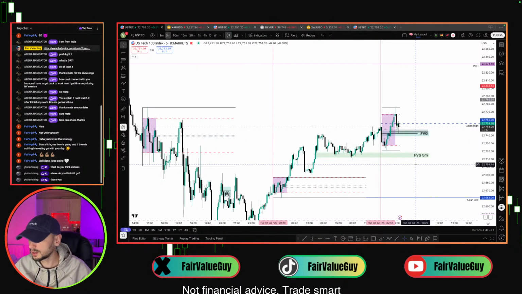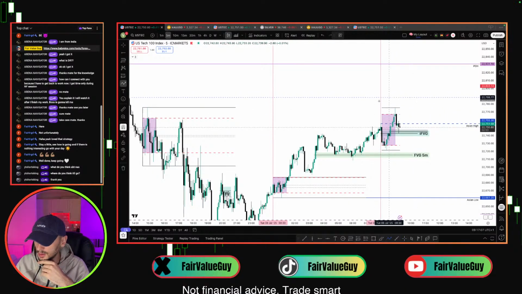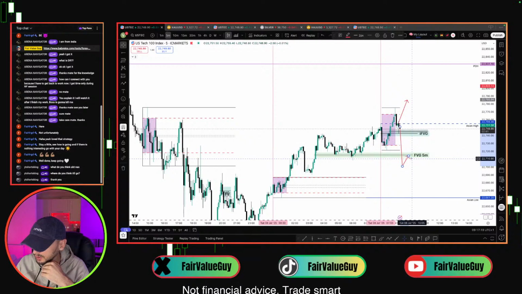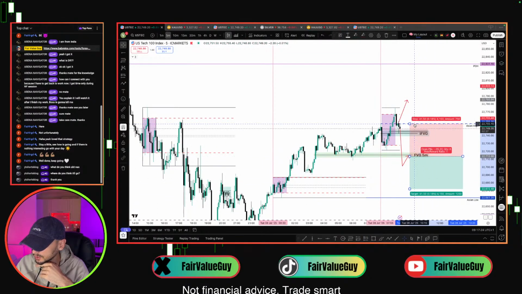But I wouldn't do anything until A, we break the SMT and we close candle above. B, we break this inverted fair value gap, this fair value gap, we close below this area, and from here I can look for shorts. This is the two options.